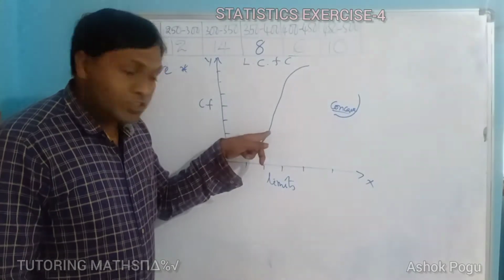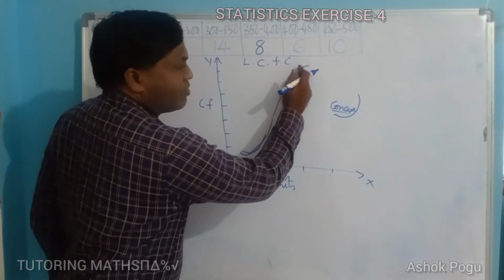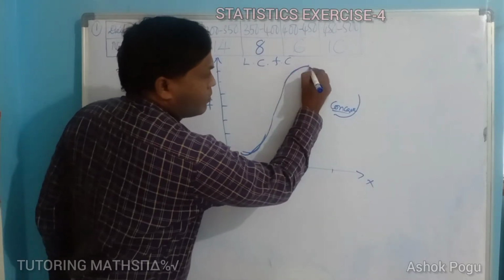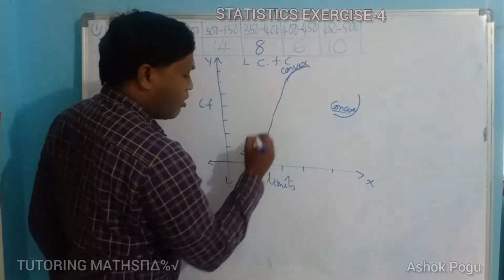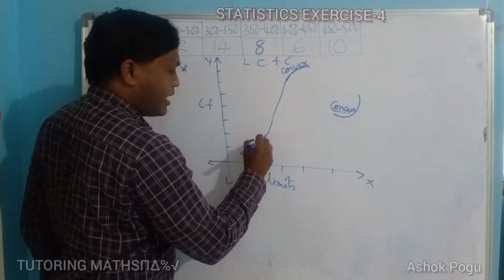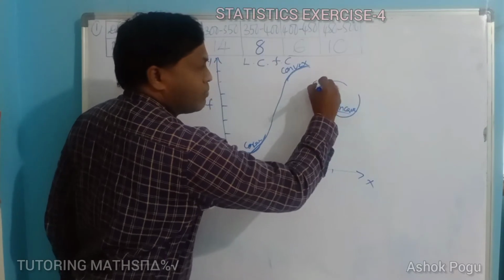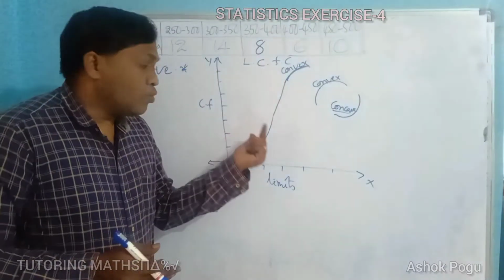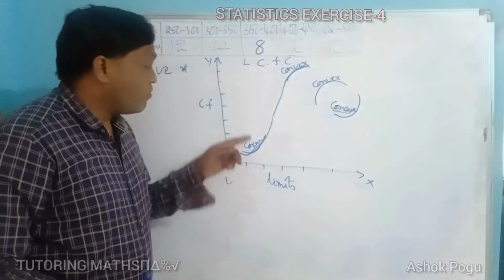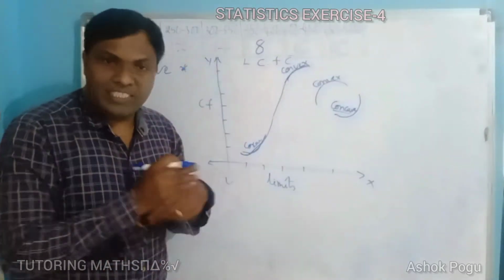Afterwards this concave shape converts into this, which is convex. Immediately we are getting this shape. What do we call this shape? Convex shape. So finally we can say that the ogive curve is the combination of concave and convex. The shape will always be an S shape.